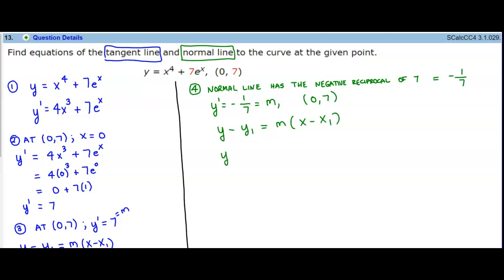So we know that y1 is the y coordinate, which is 7, and that's going to equal negative 1/7 times x minus 0. So therefore, we end up with y minus 7 equals negative 1/7 x. And adding 7 to both sides, we get the normal line to be y equals negative 1/7 x plus 7.